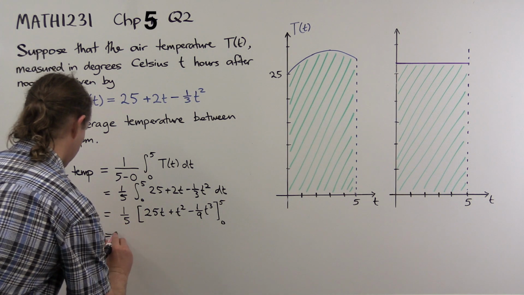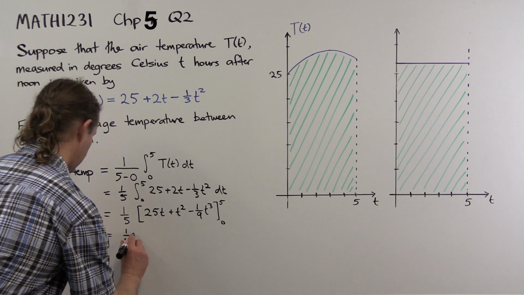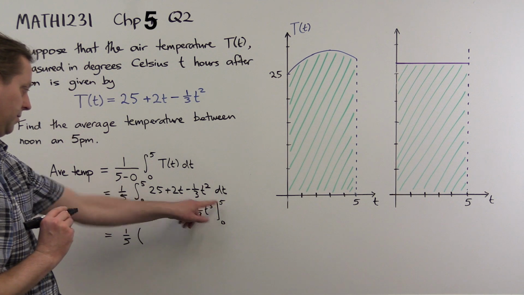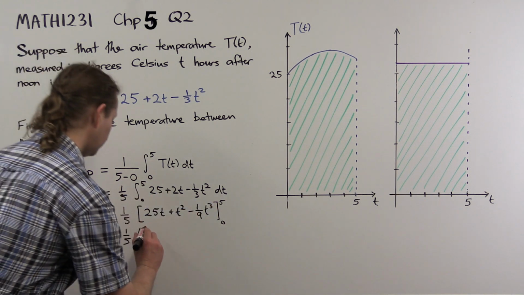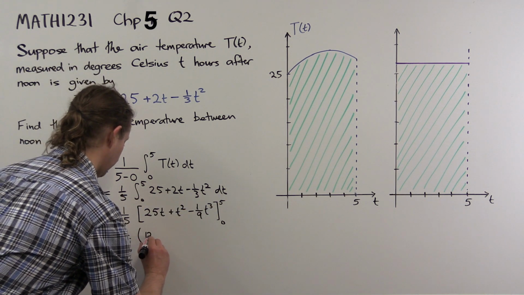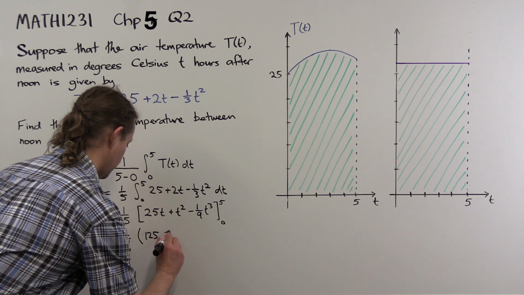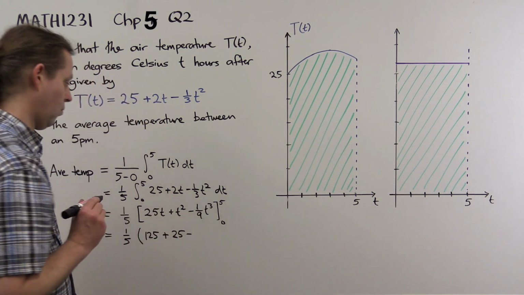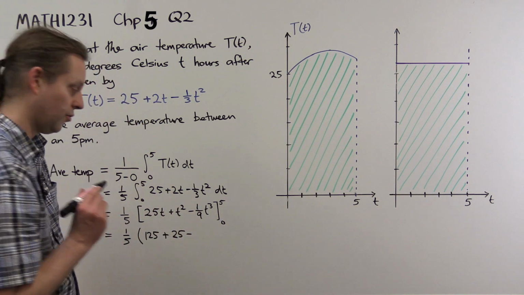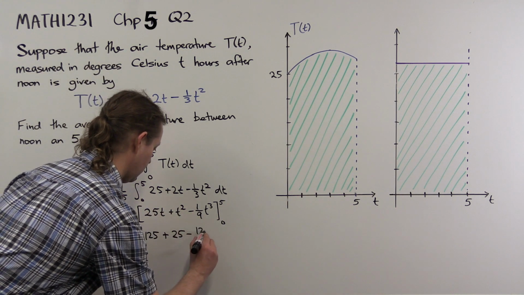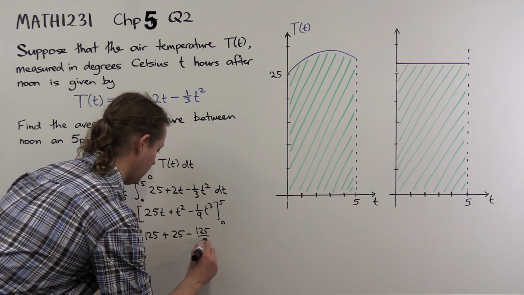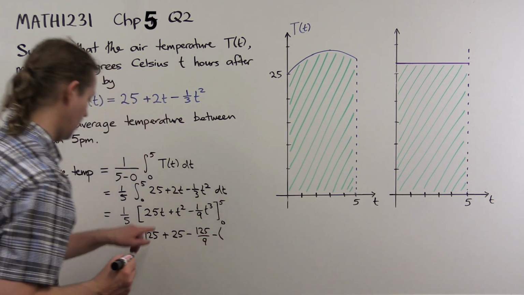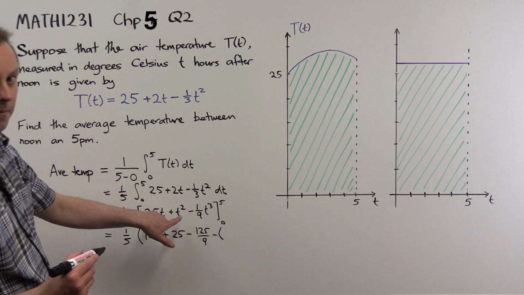We need to substitute 5 in here. So 25 times 5 is 125, plus 5 squared, which is 25, minus 1/9 of 5 cubed, that is 125 over 9. Then we subtract off what we get when we evaluate this at 0.